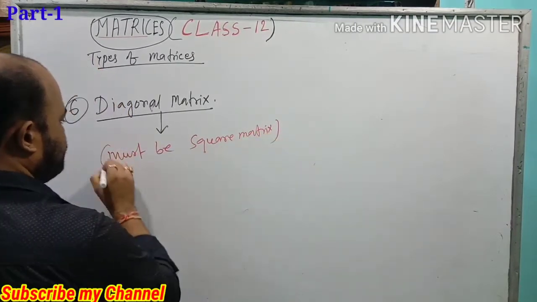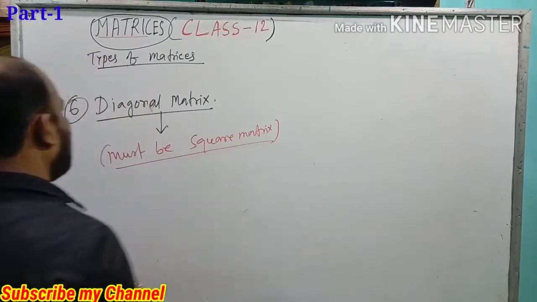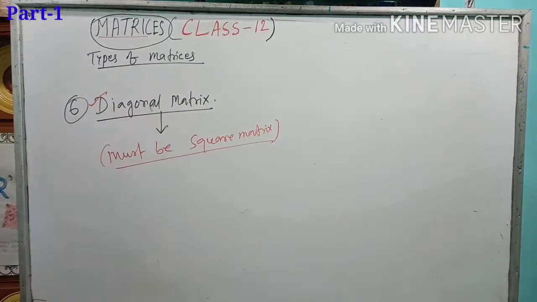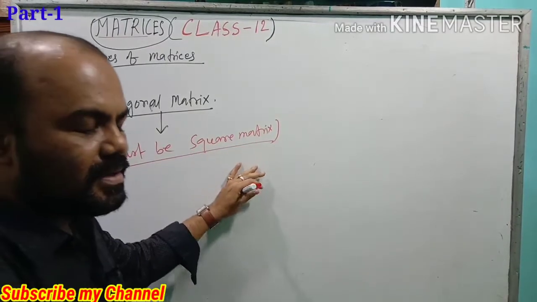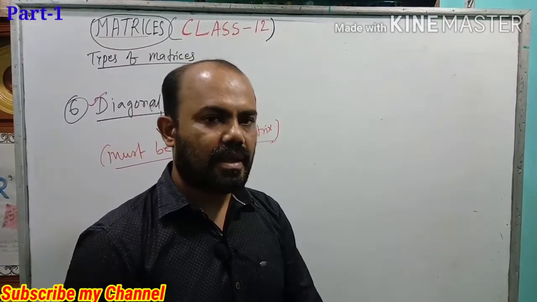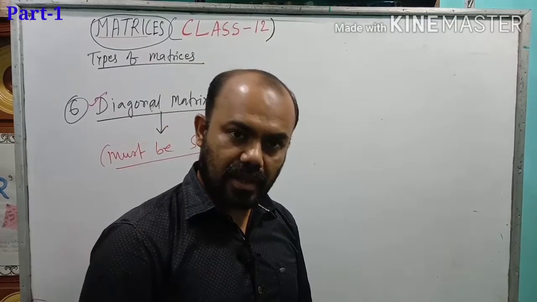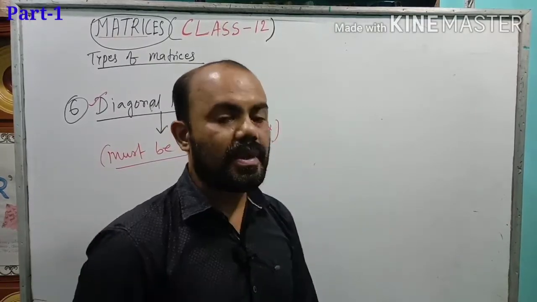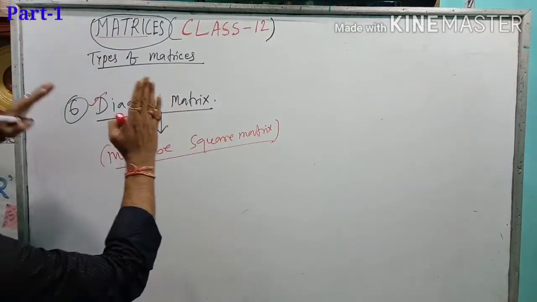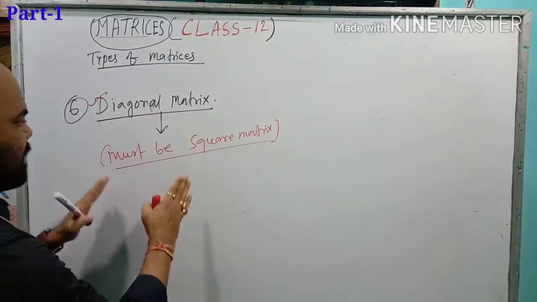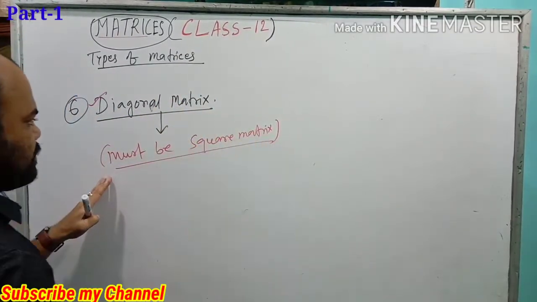That is, a matrix is a diagonal matrix only if it is a square matrix. If a matrix is not a square matrix, that is, a rectangular matrix, it cannot be a diagonal matrix. So to be a diagonal matrix, a matrix must first be a square matrix.